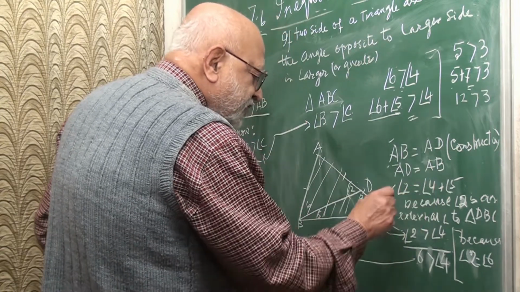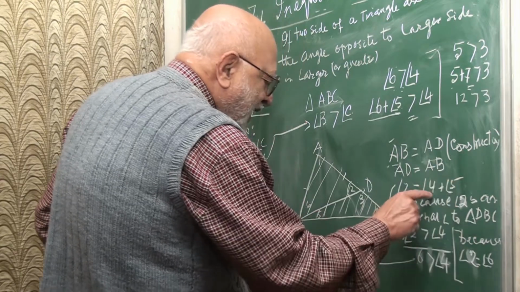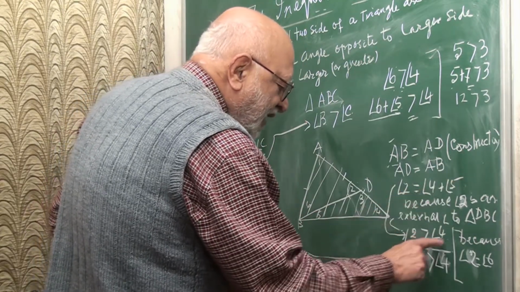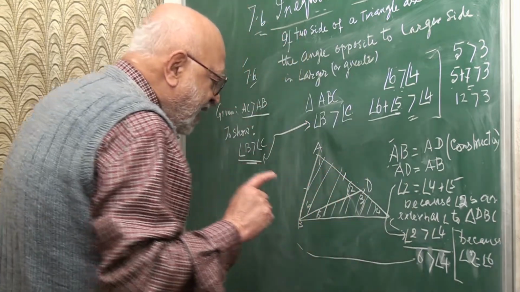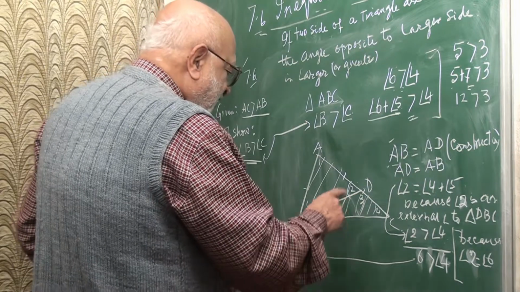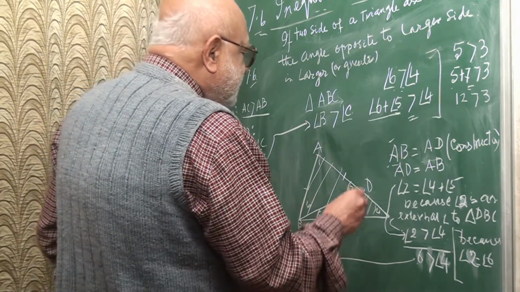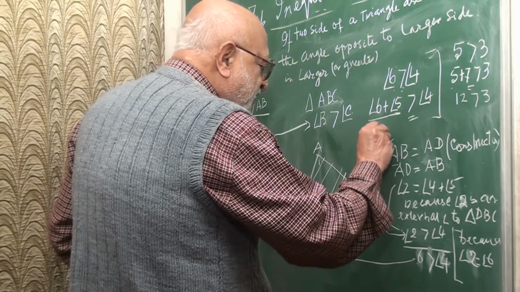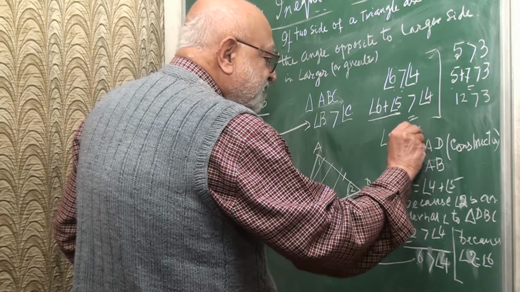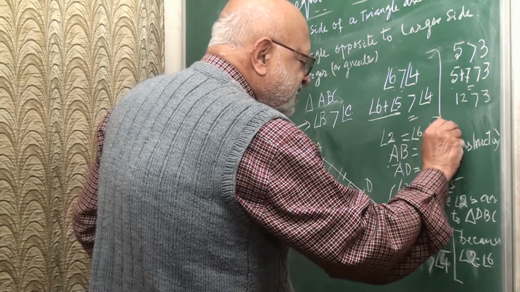I could have also said angle 2 is greater than angle 5, but my interest is in angle 4, so I kept angle 4 here. Now angle 2 is equal to angle 6 by construction.